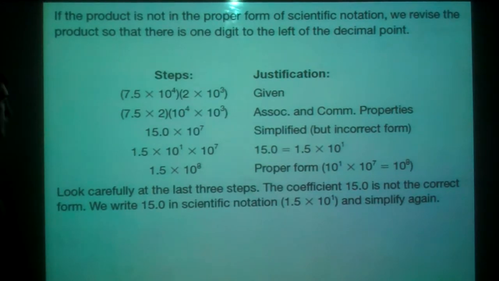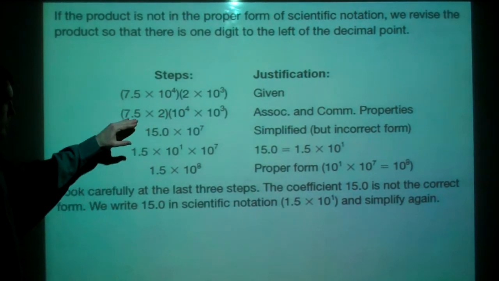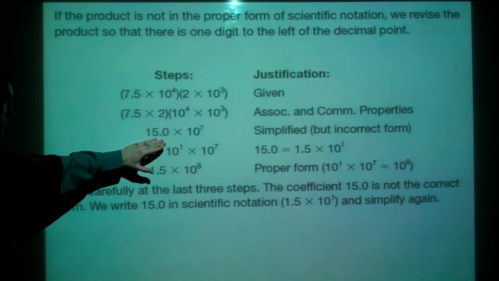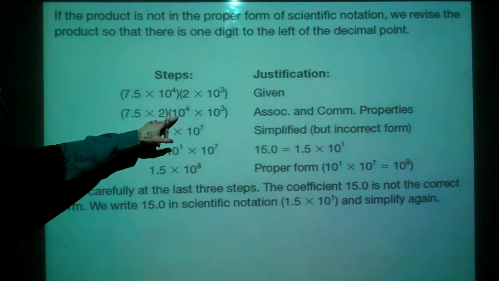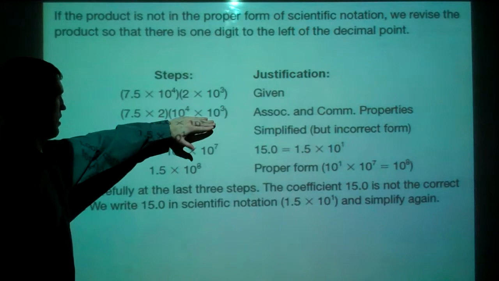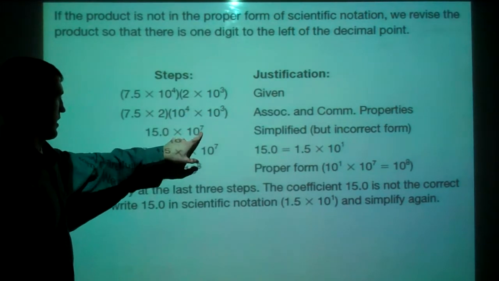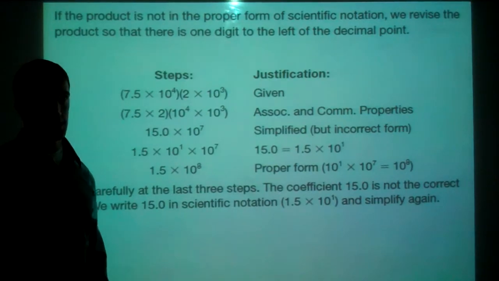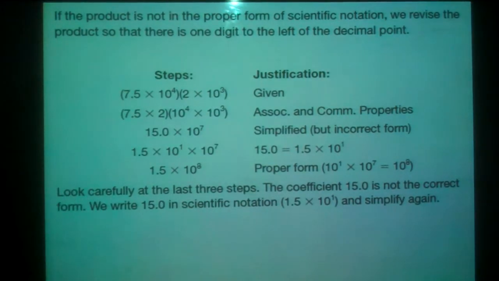And what we're going to do is multiply our numbers first. 7.5 times 2 is 15, or 15.0, same thing. And then we're going to do our tens here. 10 to the 4th times 10 to the third. We can add those together. 10 to the 7th. Now, it is simplified, but it's in the incorrect form because it's not in scientific notation.